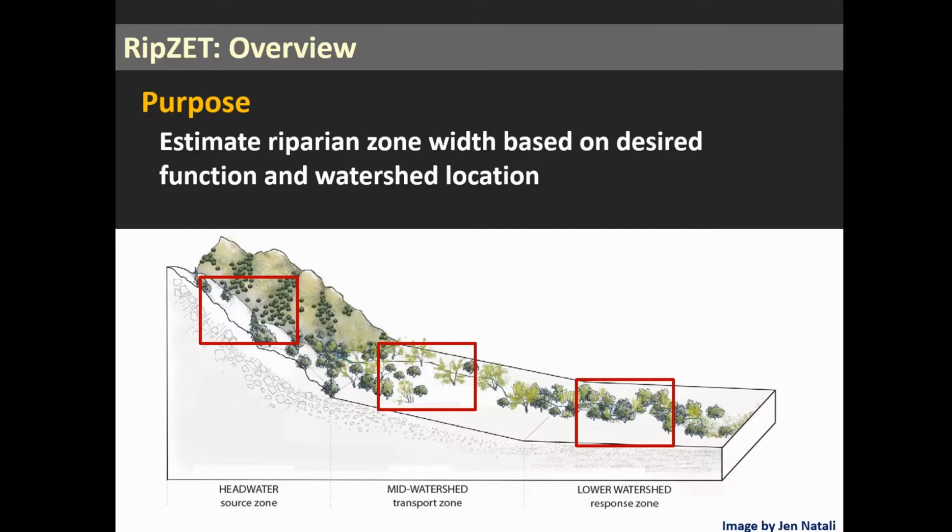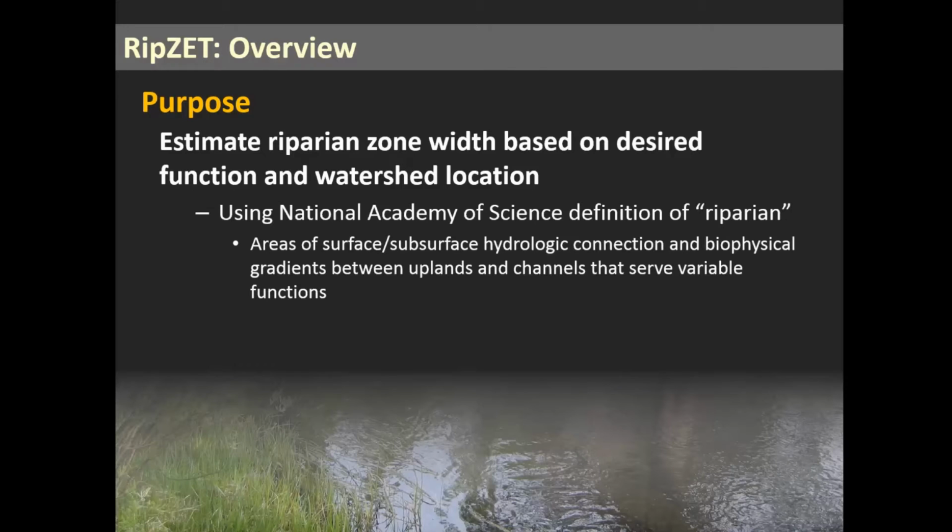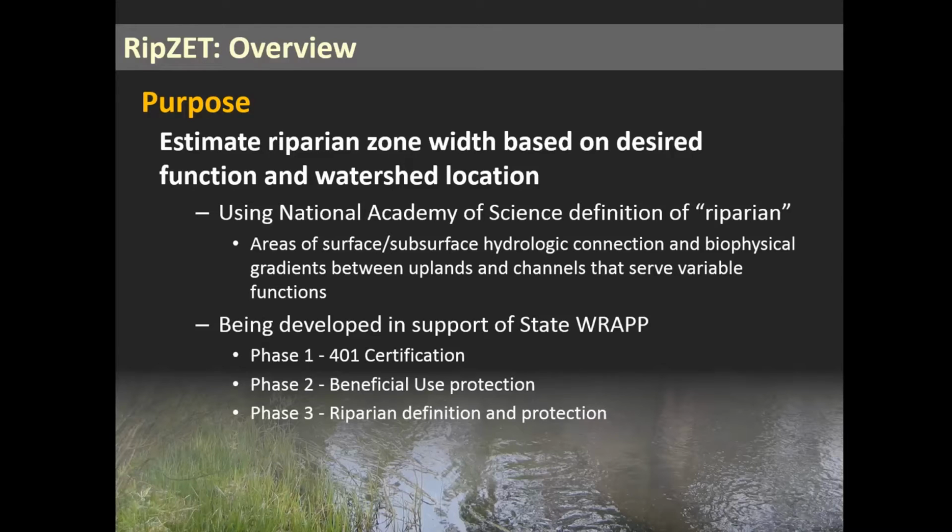Again, we wanted this tool that we're developing to be able to capture these functions and be able to size riparian widths based on the appropriate function depending on where you are in the watershed. We are using the National Academy of Sciences definition of riparian to drive this tool. Under this definition, riparian areas are those areas of physical and hydrologic connections between uplands and channels that serve variable functions.